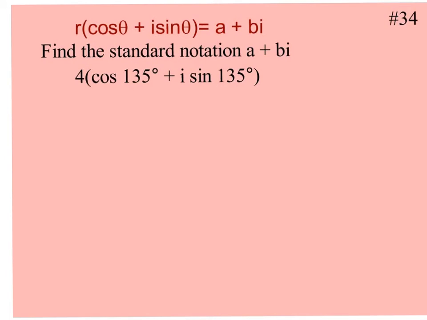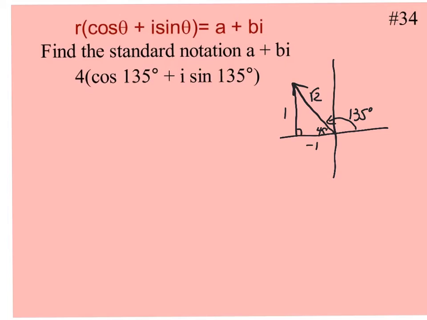Another example, evaluating first what's the cosine of 135 and the sine of 135. 135 would be about here. Drop down the altitude for a 45-degree reference angle. If it's a 45, 45, 90 triangle, you have 1, 1, and radical 2, but your x-coordinate is negative, going backward from the x-axis.